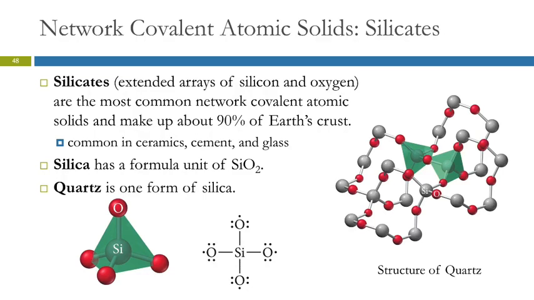Not immediately obvious by looking at it. This does look like it would be SiO4. Is this a good Lewis structure though? No, what's wrong with it? The oxygens don't have 8 electrons, right? So what happens is you've got over here a silicon that's bonded to other oxygens.